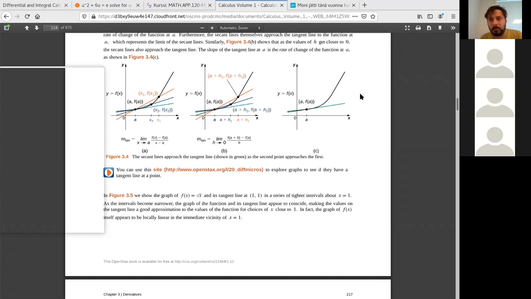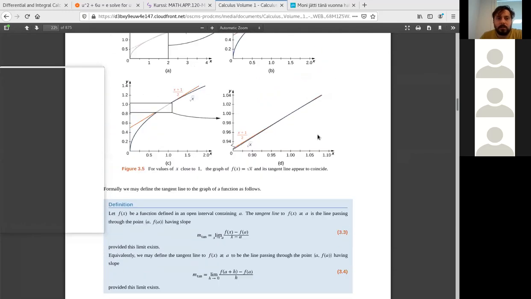Of course it can hit somewhere else, maybe this curves down and we hit it again, but locally we are only hitting it at one point. So that slope is what we're looking for. We're looking for basically the direction. Where does this graph locally point to? And this is what we call the tangent line.